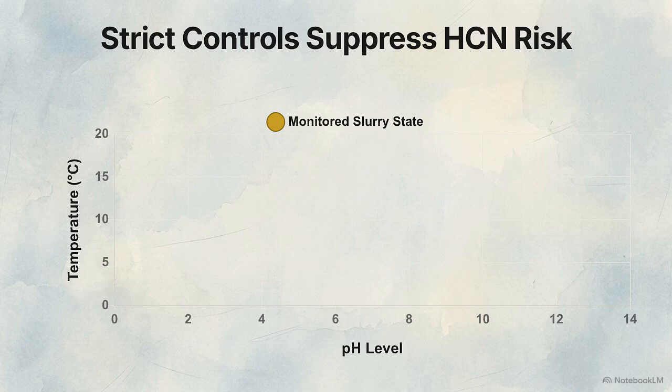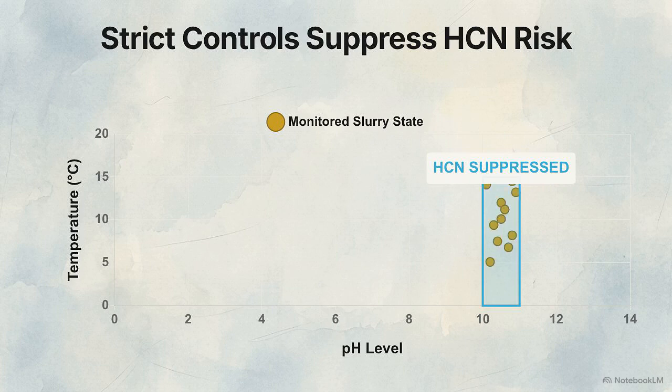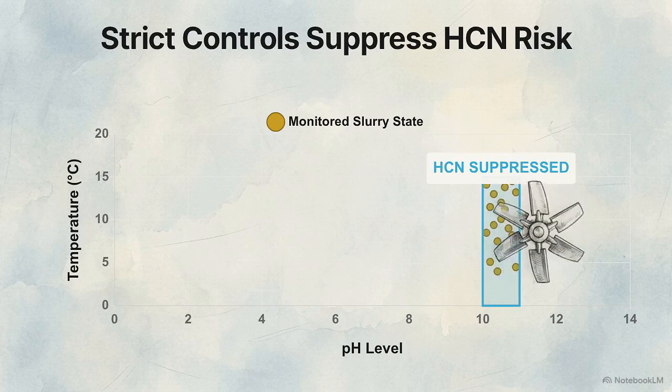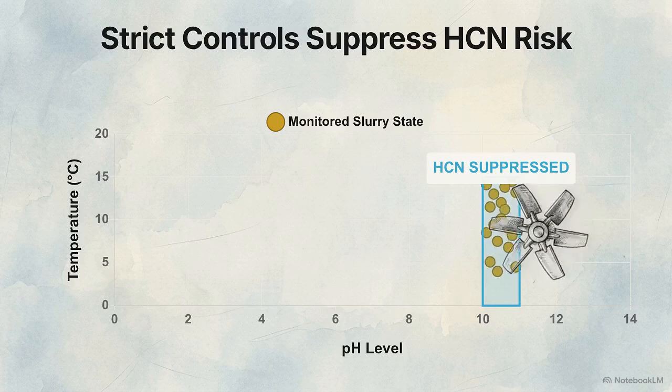By plotting temperature on the y-axis against pH on the x-axis, we can see exactly where the process needs to live. The pulp temperature must be strictly held below 15 degrees Celsius, and the pH must be locked tightly between 10 and 11. To ensure those exact limits remain perfectly stable and evenly distributed, the massive tanks rely on continuous, uniform mechanical agitation.